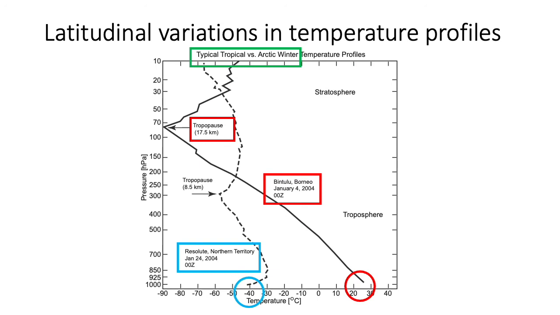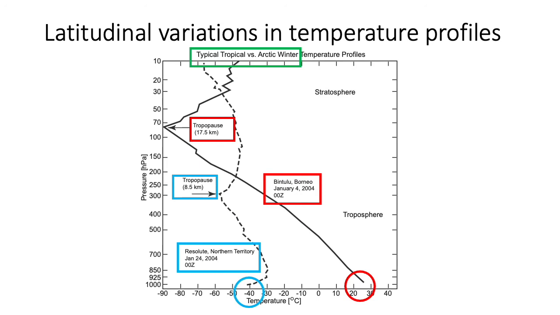That's a very cold tropopause, and it comes from being so high, so that temperature decrease with height gets you very far in the direction of cold temperatures before it finally stops decreasing. On the other hand, the polar wintertime sounding has a tropopause which is at only around half the height, 8.5 kilometers, and the temperature is quite a bit warmer. It's not minus 90, it's about minus 60, or not quite minus 60.